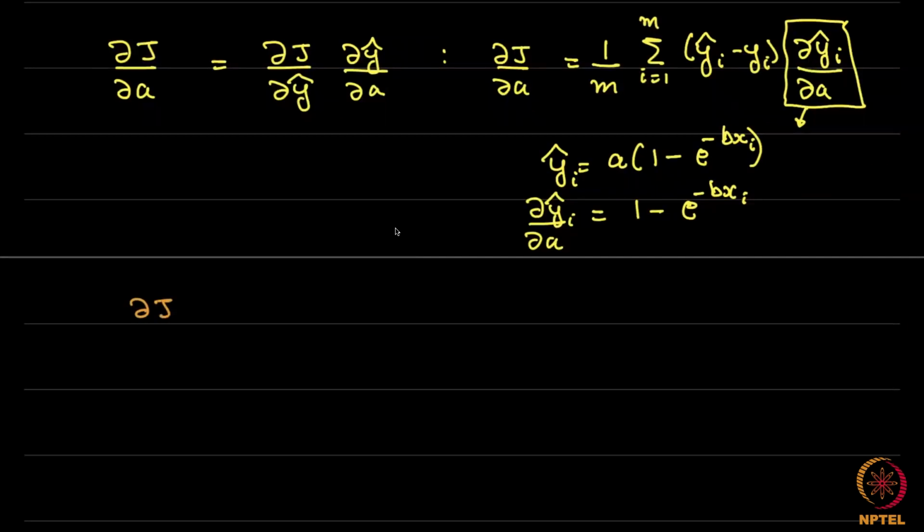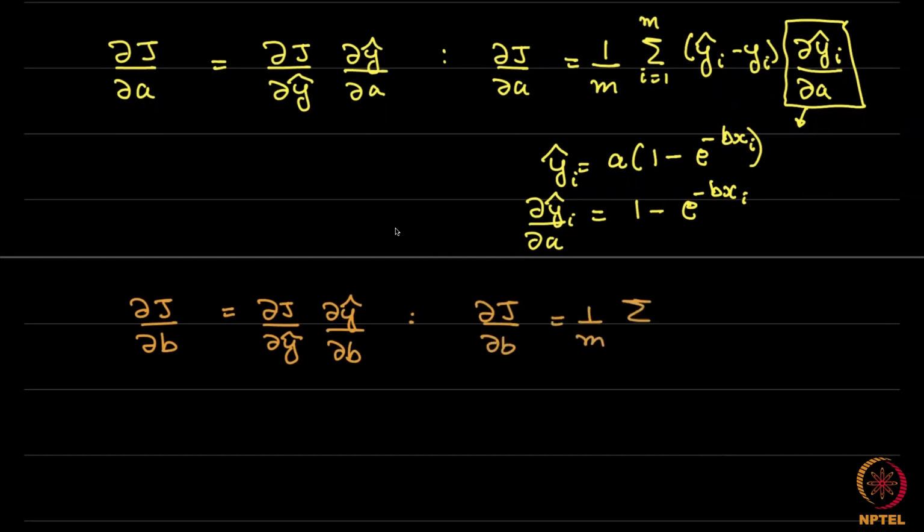Similarly, when you have del J del b, that is del J del y hat, which remains the same, times del y hat del b. Once again, you can calculate this expression as 1 over m sigma, i equal to 1 to m, of y hat_i minus y_i multiplied by del y hat del b.